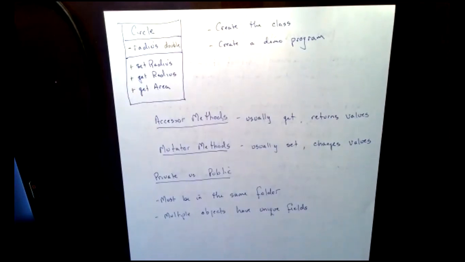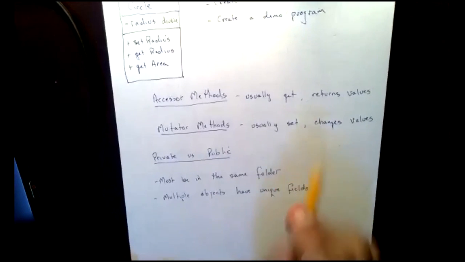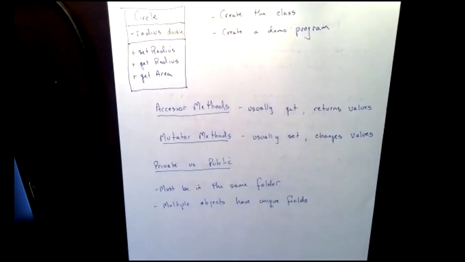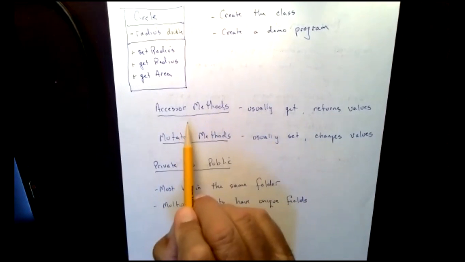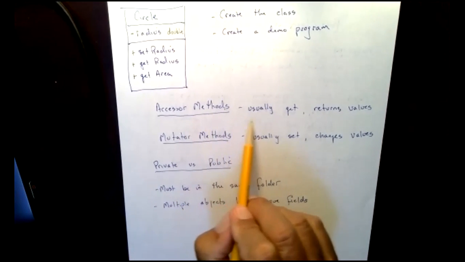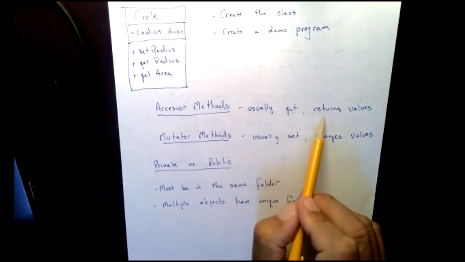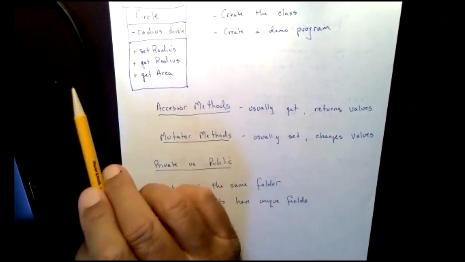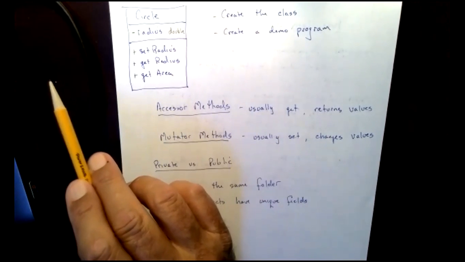Okay, so before I get ready and create the class and create a demo program, I am going to talk about something called an accessor method. That's a get, okay? And that returns a value. So when I say get radius, that'll run over to my class and say, hey, what's the radius?